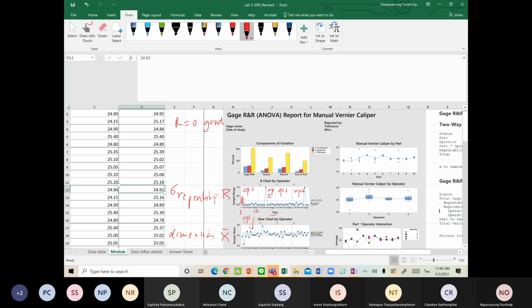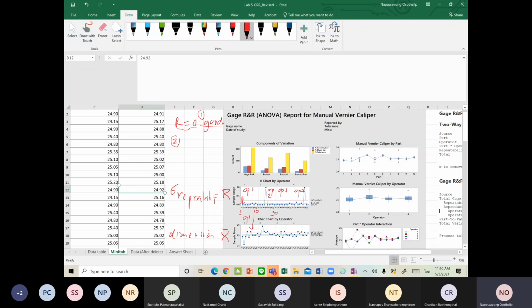And I'd like to tell you this: R equal to 0 means that it's good, but in some cases it may show that the resolution of the measurement device is not enough, or is too rough.